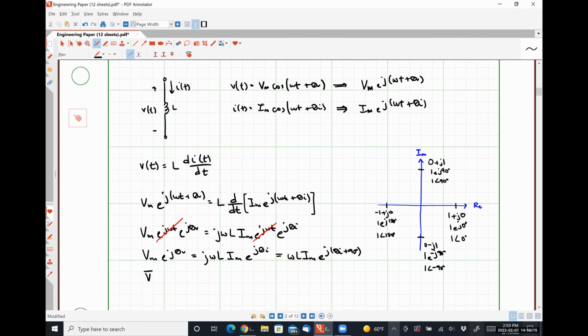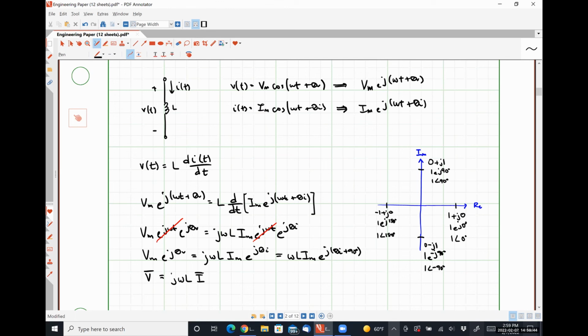That's my phasor voltage V. My middle representation looks like j omega L times my phasor current, because my current is just Im with a phase angle of theta I. So this is my phasor relationship.